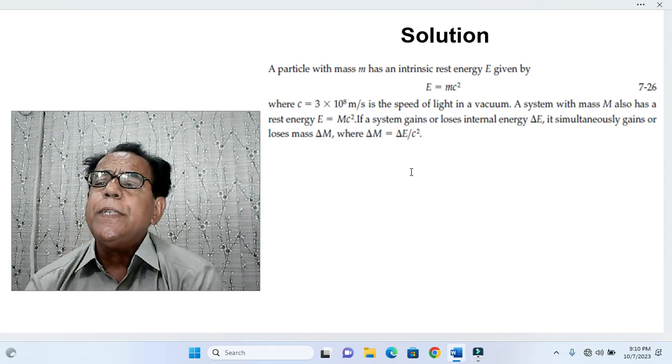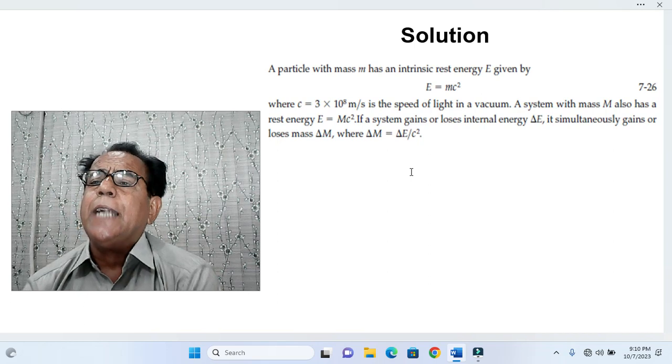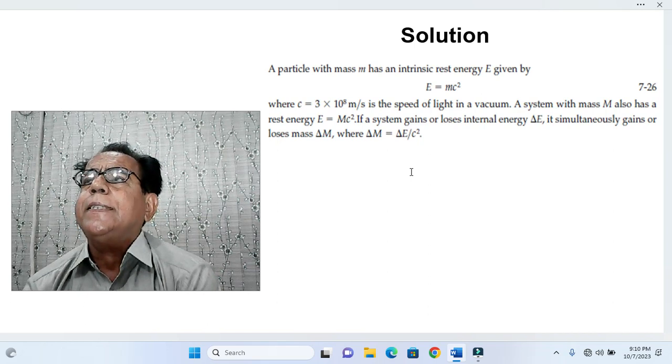So dear students, here is the answer to that part of the problem which asks whether mass will increase or decrease.